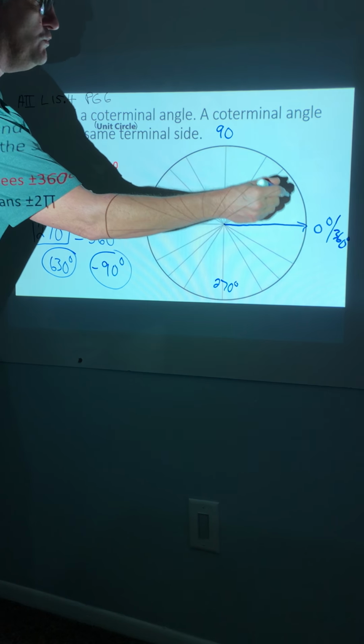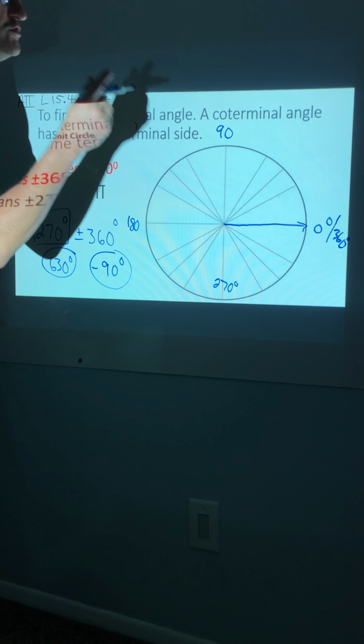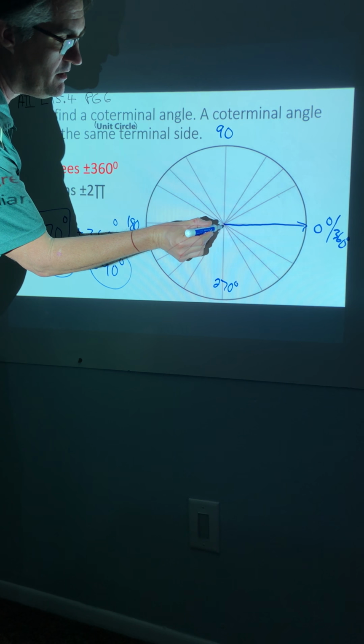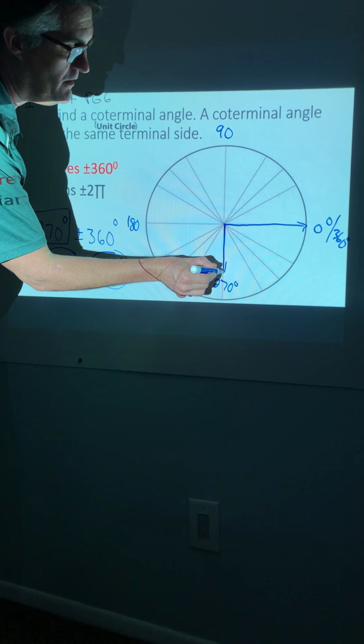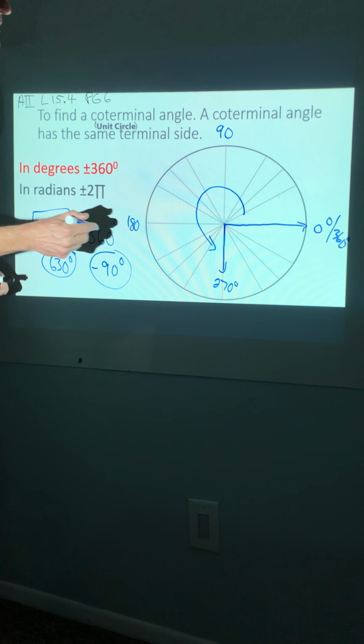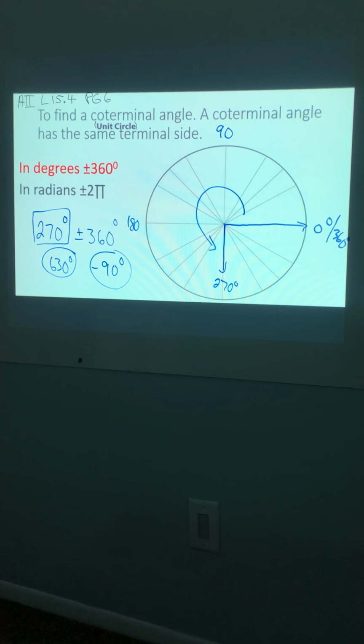Remember, when you do one whole rotation or revolution, you're back to 360. So if I want to graph the original 270, I'm going to come down here. It's positive, so I'm going to draw this counterclockwise. Now in black, let's graph negative 90.